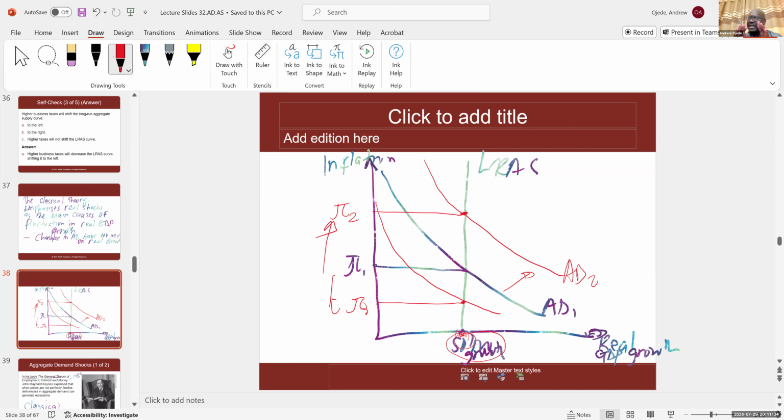To be precise, when we're talking about short run and long run in macroeconomics, it is not attached to a specific time frame. Long run in macroeconomics simply means the economy is producing at its full potential. Short run means anytime you deviate, you're not producing at your full potential, and you can produce less or more than that. We say that you're in the short run.